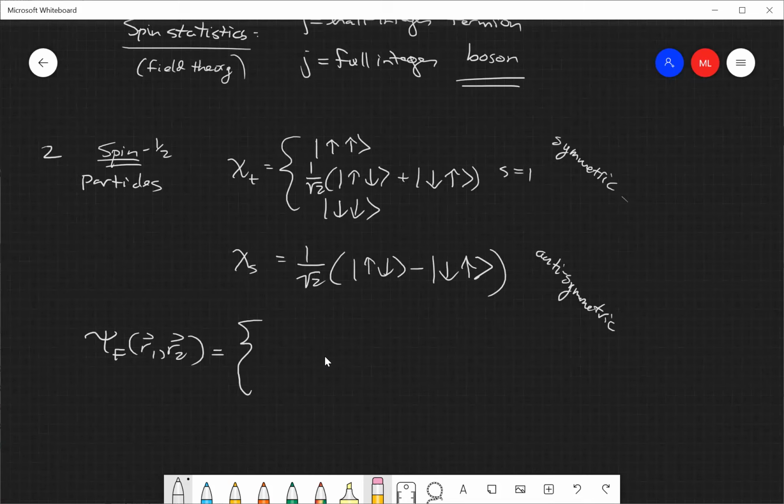One way is you pick this antisymmetric spin singlet state, and then the spatial portion, the part of the state that corresponds to what energy level the particle is in, you would make symmetric, because a symmetric wave function times an antisymmetric one is still antisymmetric. So one possibility is you construct the symmetric portion for the spatial part here.